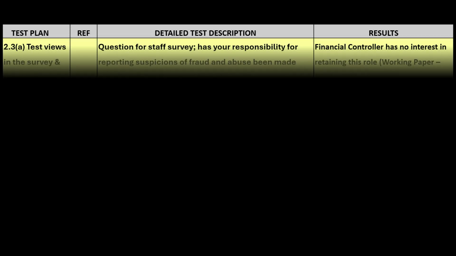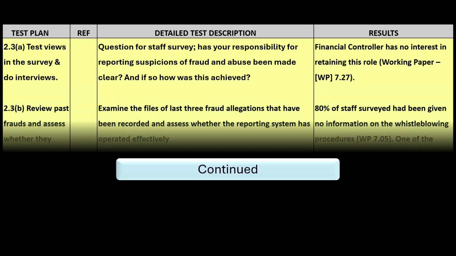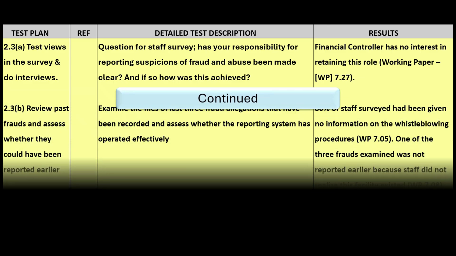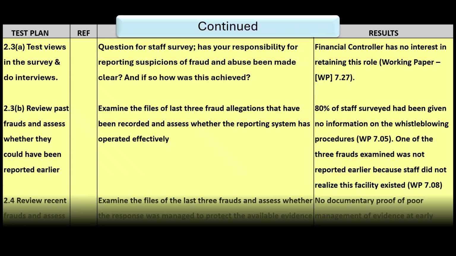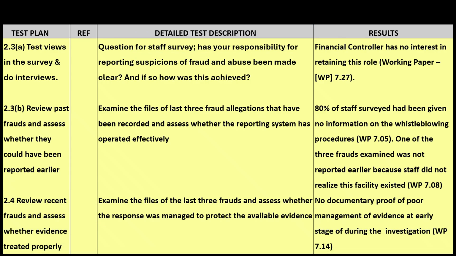Let's continue with our fieldwork summary. Here's an extract from the staff questionnaire for Group 1.